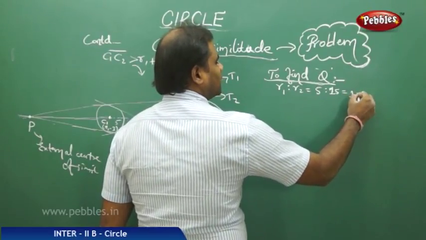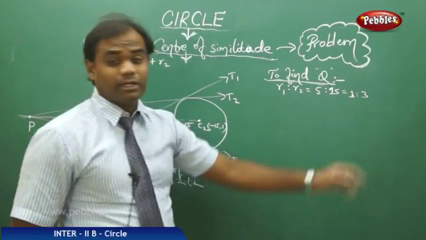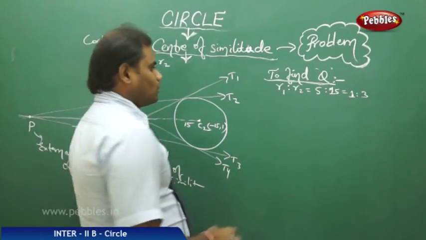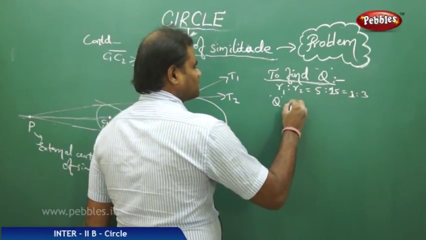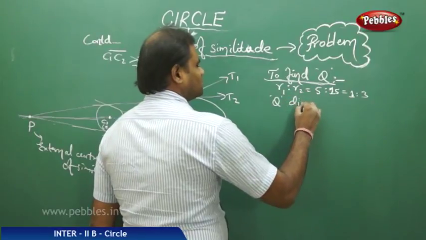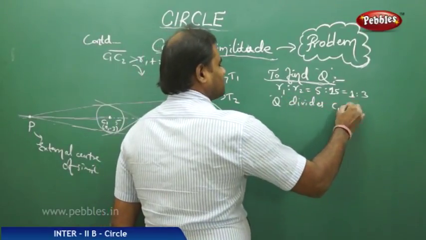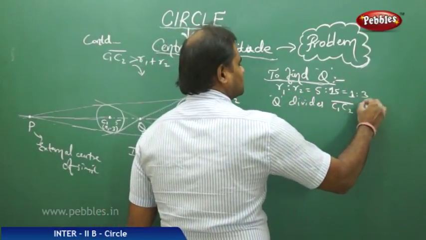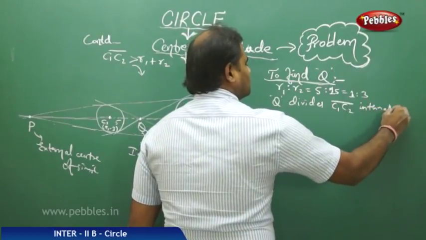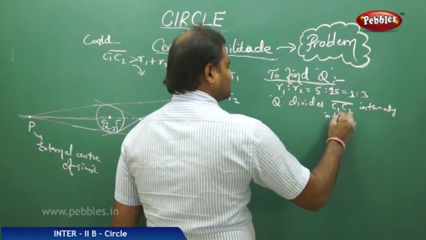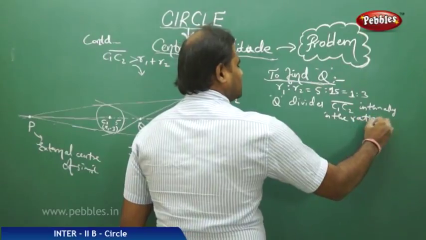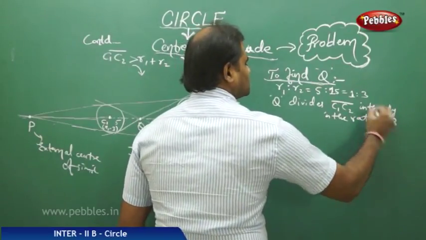So the ratio R1 is to R2 is 1 is to 3. Now Q divides C1 C2 internally in the ratio 1 is to 3.